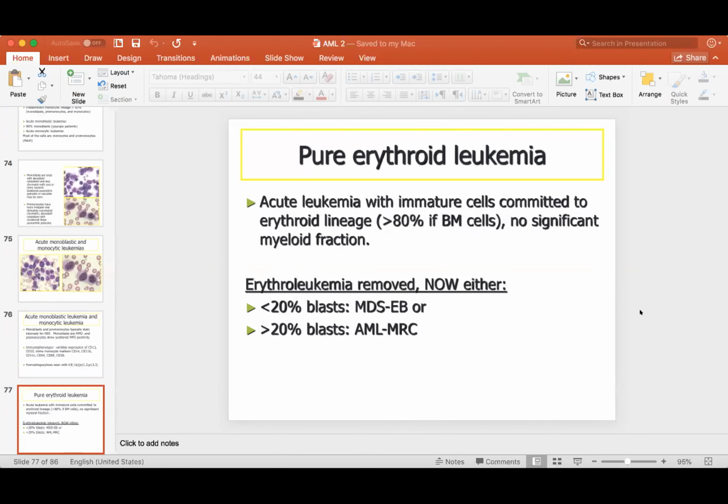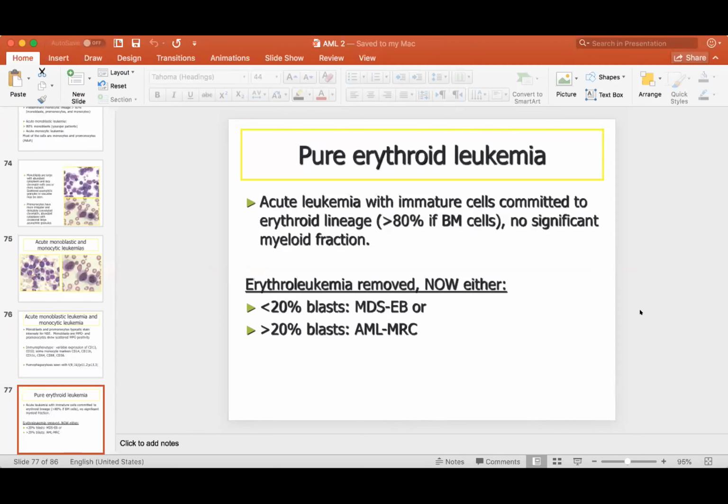Right now, if you have erythroids and the blasts are less than 20%, in these cases you usually see dysplasia, then you call it myelodysplastic syndrome with excess blasts. But if the blasts are more than 20%, it's an acute myeloid leukemia with myelodysplasia-related changes. So there's nothing called erythroid leukemia anymore.